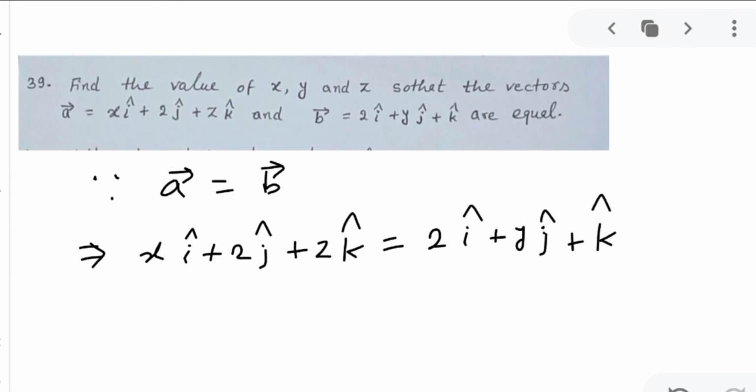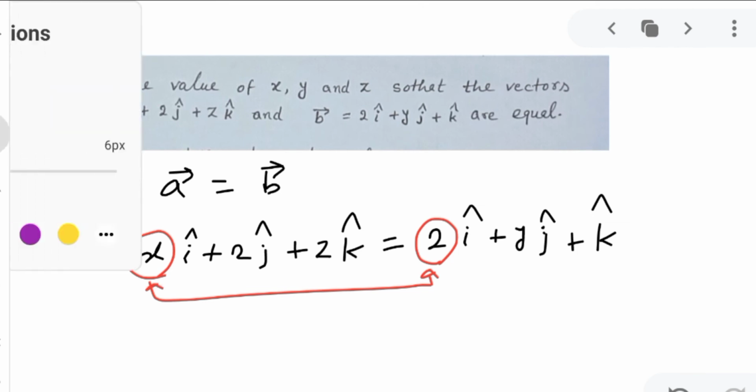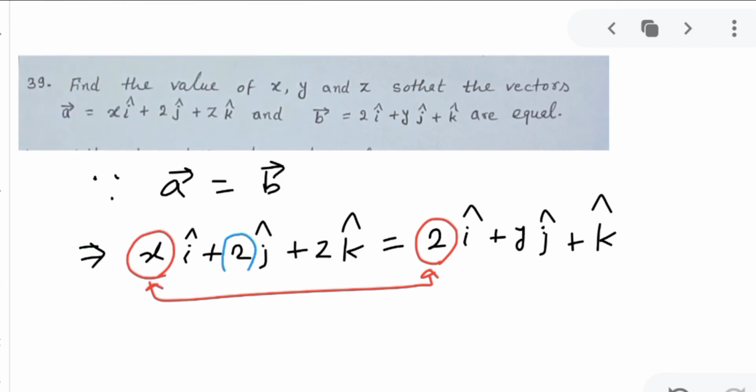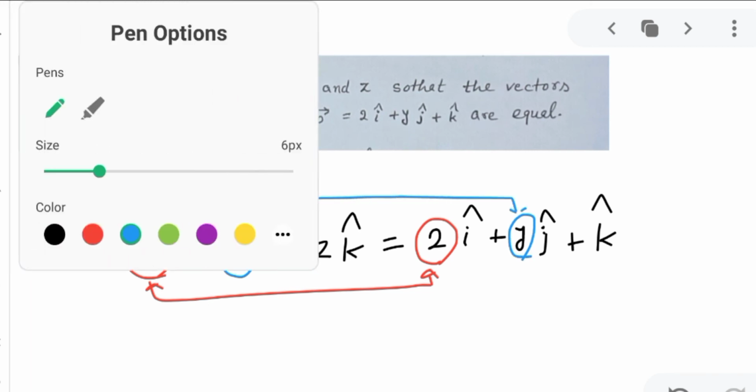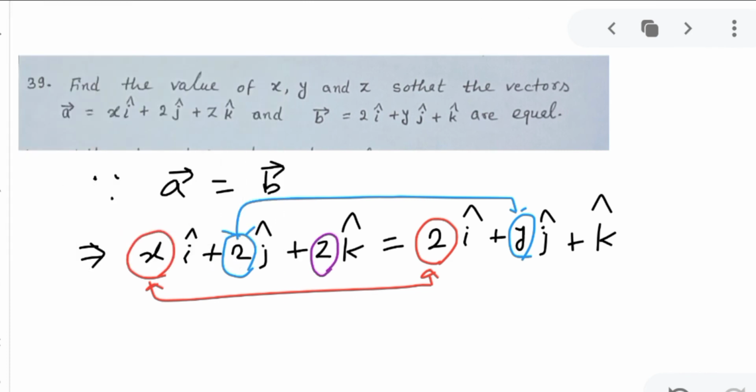Since two vectors are equal, their corresponding components, that is the coefficients, will be equal. The i coefficient x equals 2; for j, 2 and y will be the same; for z, here z and here nothing, meaning 1, these two will be the same.